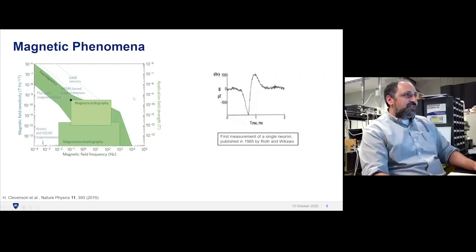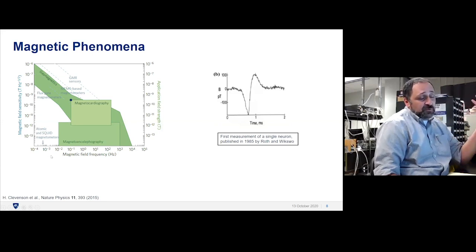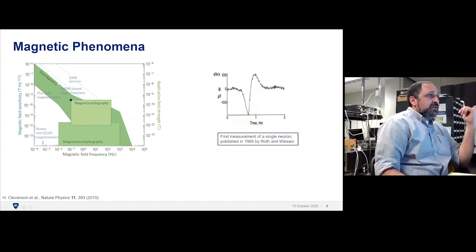So this is a nice plot I took from this paper where you have the magnetic field sensitivity you required, the strengths of the phenomena, and then the frequency of the magnetic perturbation or phenomena. So for geomagnetic phenomena, you can use conventional sensors.